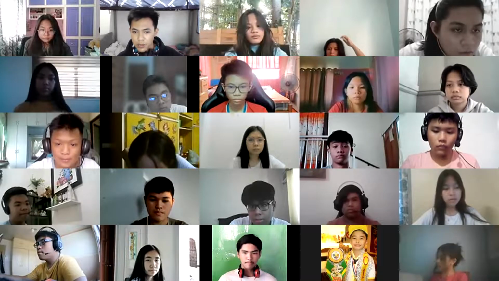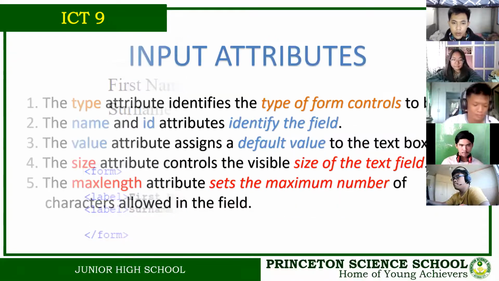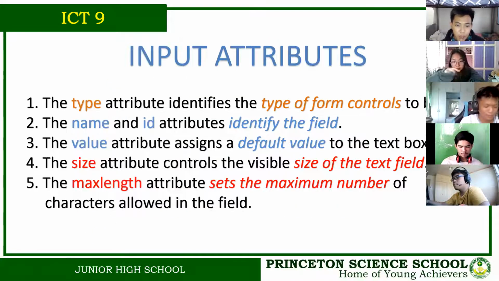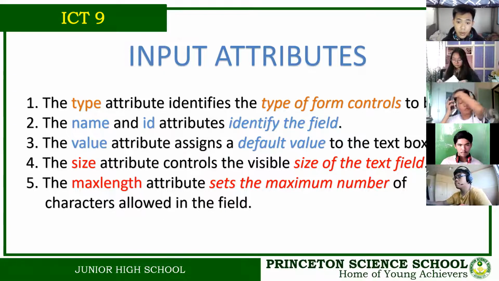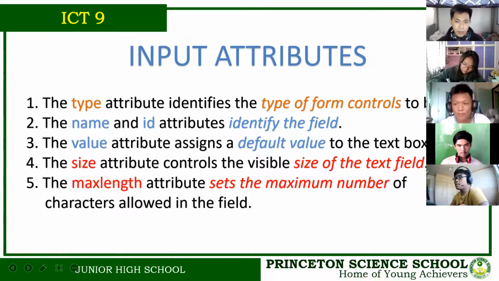Okay, so let's continue. So any more questions regarding this one? Everyone? Okay, so moving on, we already have our input attributes. Okay, so input attributes, these are the different attributes that we are applying to our text box. Okay, so first attribute is the type.